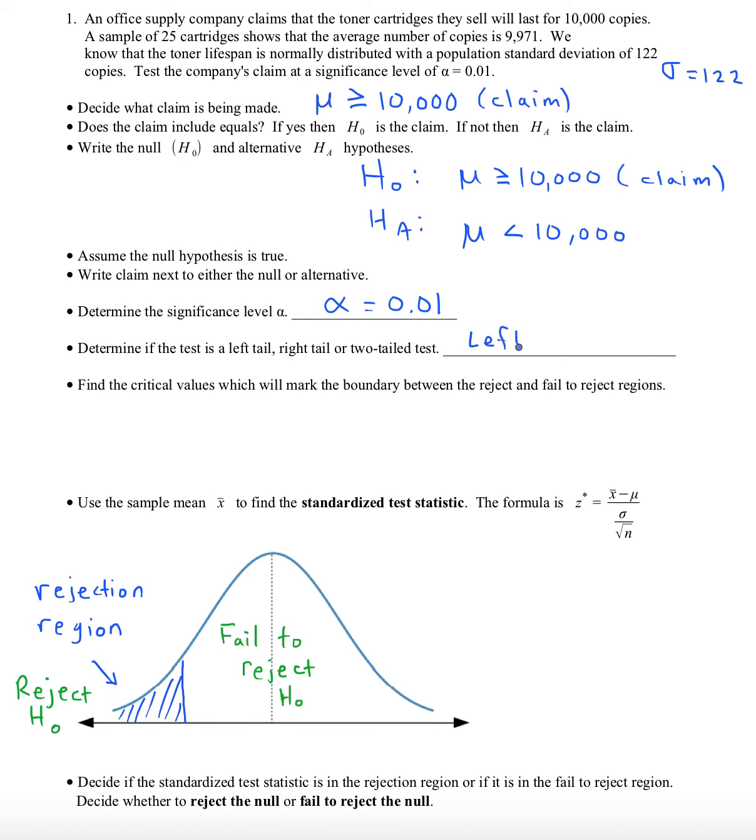This is a left-tailed test. Next, we need to find the critical values, which mark the boundary between reject and fail to reject.